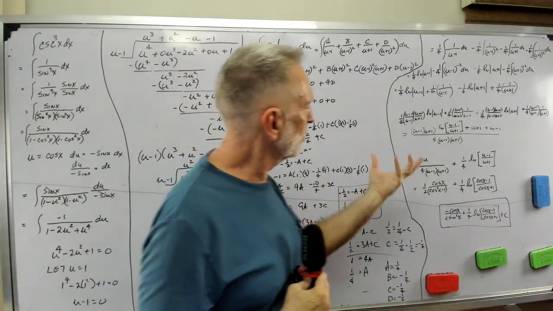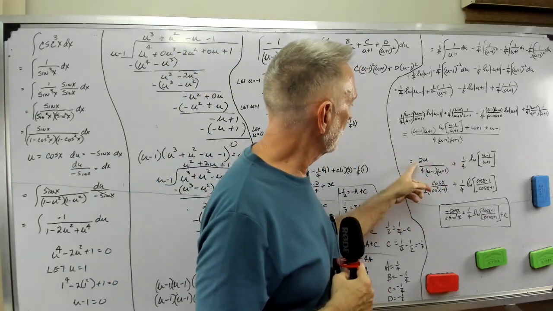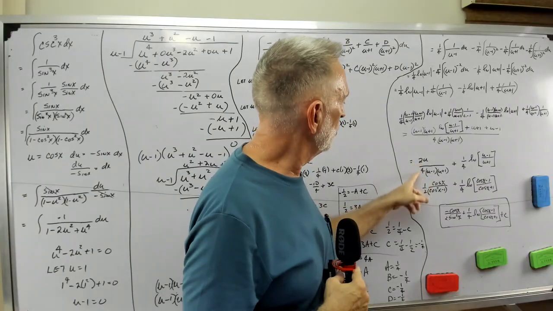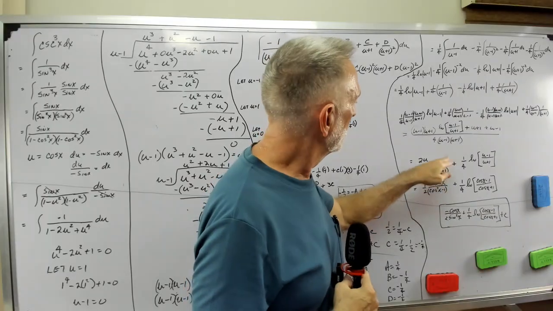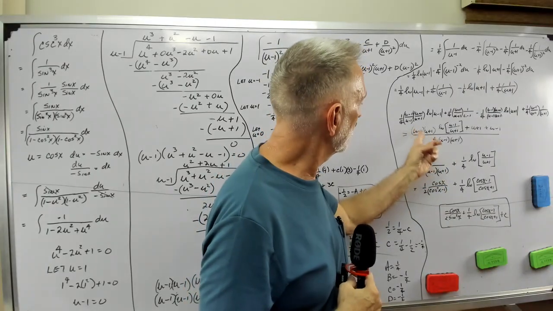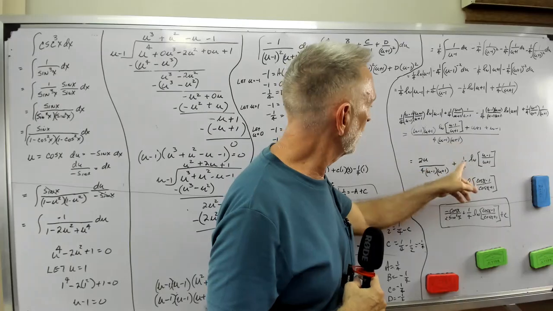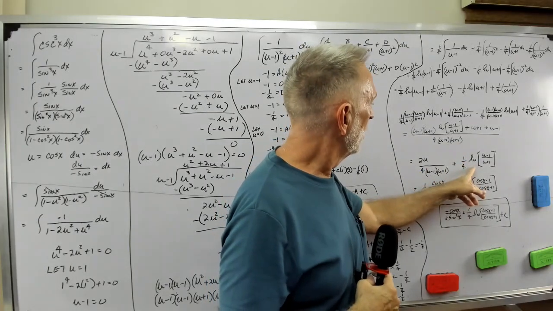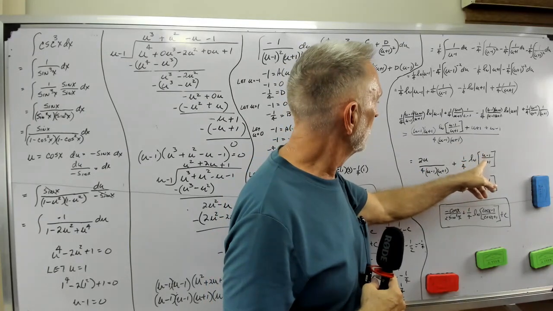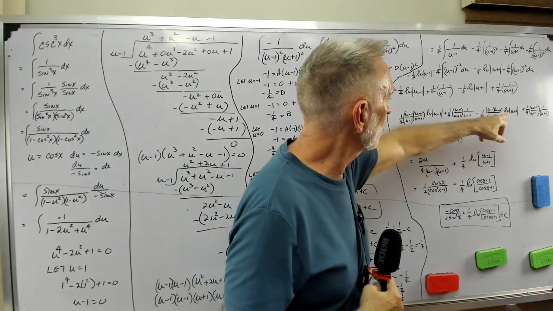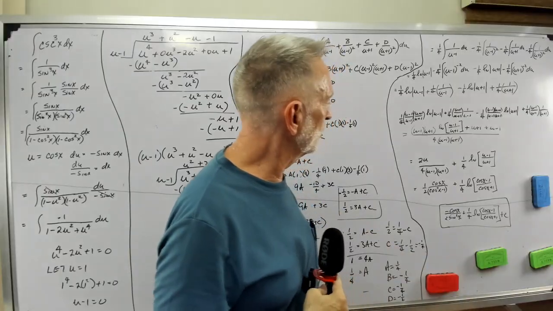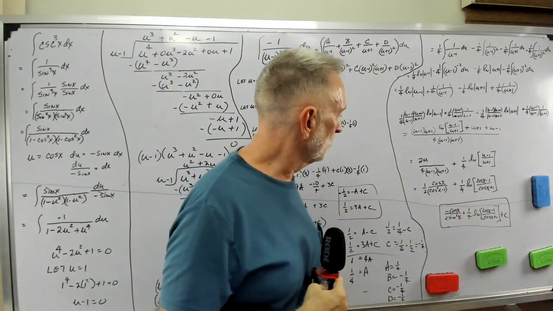Now I collect terms, I cancel out where I can, and I'm left with 2u over 4, well, which was my common denominator. But on this other piece, these terms canceled. I'm just left with 1/4 natural log of u minus 1 over u plus 1, because I had that minus that natural log term, so that ended up in the denominator of this one.